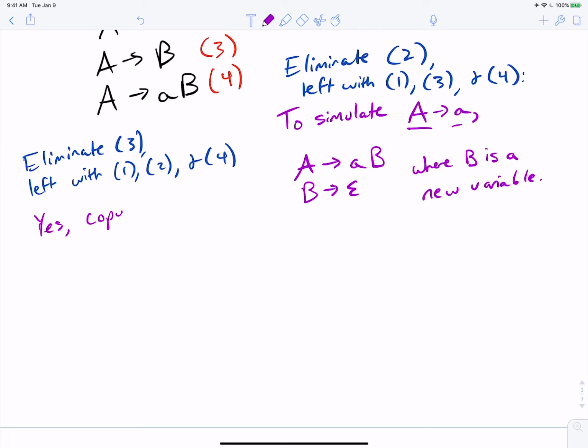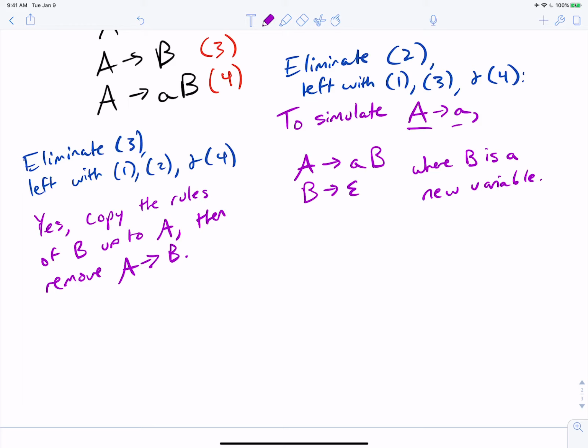Basically just copy the rules of B up to A, then remove A goes to B. There's actually a slight technical problem here, which we're not going to address here, but that's the idea.